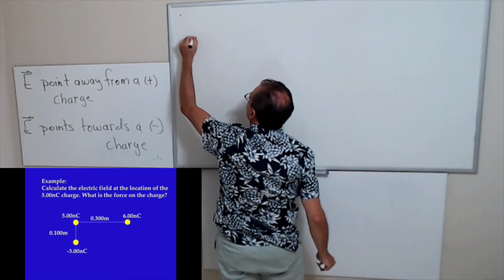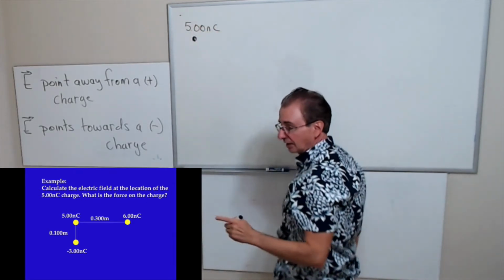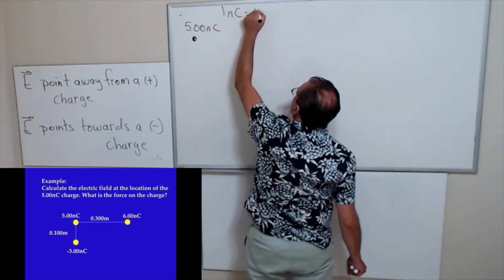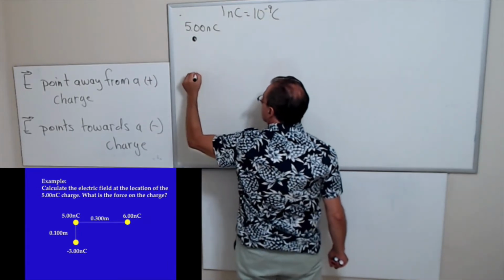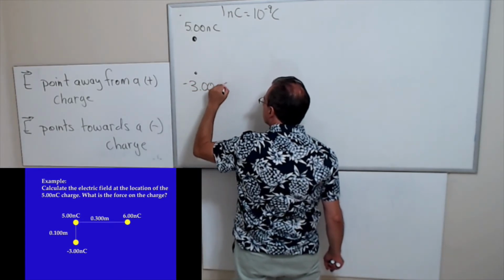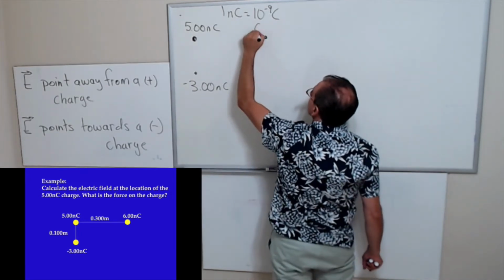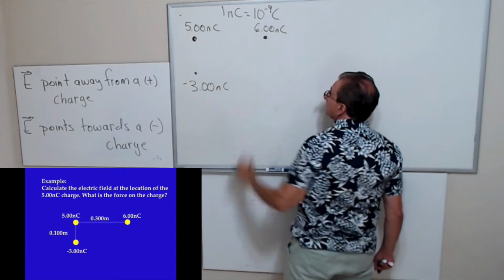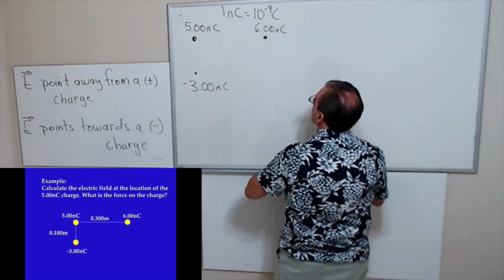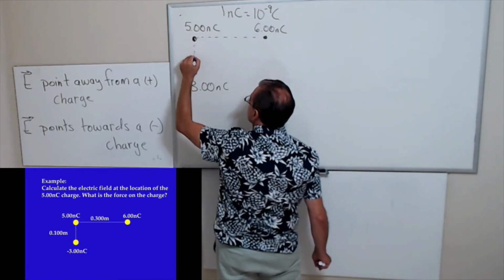So 5.00 nanocoulombs. 1 nano is 10 to the minus 9. We'll put another charge here. There are 3 charges. And let me draw these lines, just the lines that connect the charges.